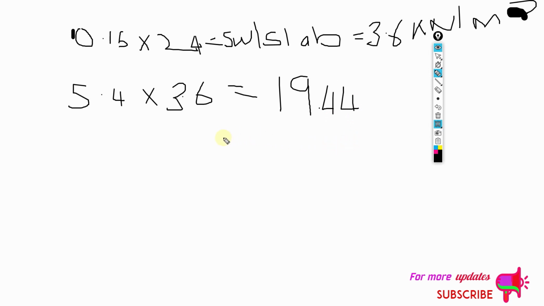There are two slabs on both sides, because this is a T beam, it's not an L beam. So the total load will be this one times 2. That is 19.44 times 2, which is 38.88 kilonewtons per meter.